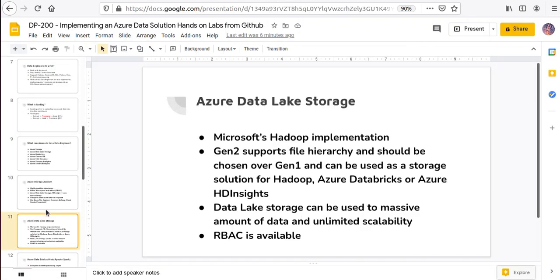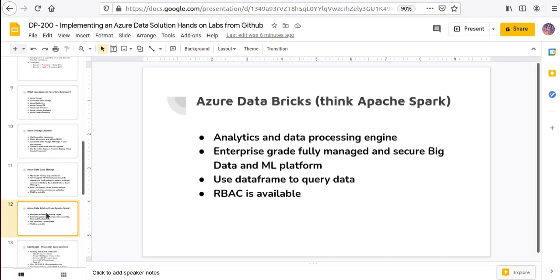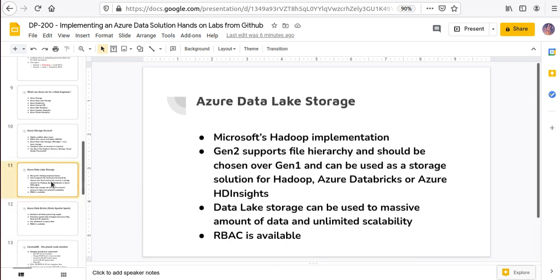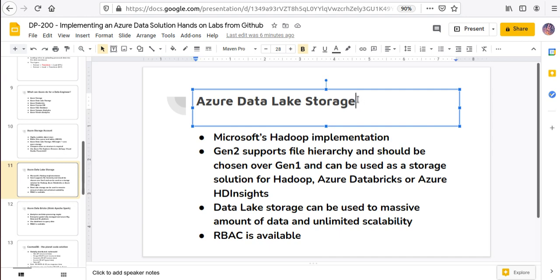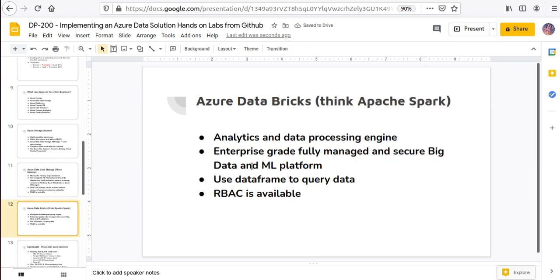All right, let's go and take a look at Databricks. So for the previous data lake, I told you to think about Hadoop. Think Hadoop. And for Databricks, think Apache Spark.